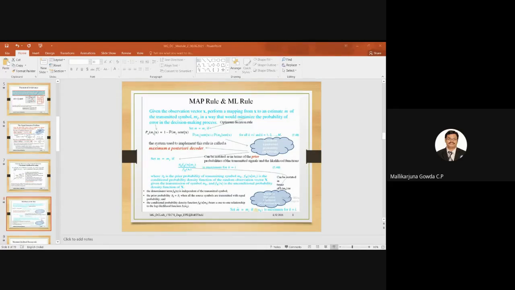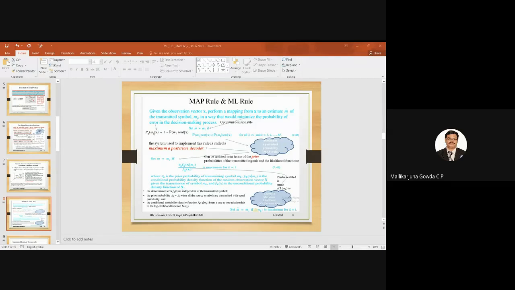If the observation vector x is given, then what we need to do is perform a mapping from that x to an estimate m cap. m cap is the estimation of the transmitted symbol.